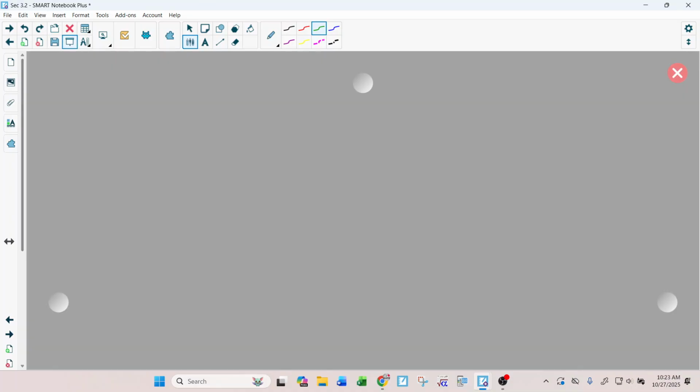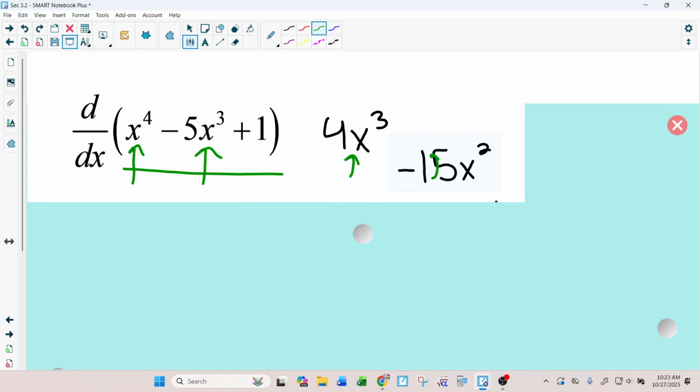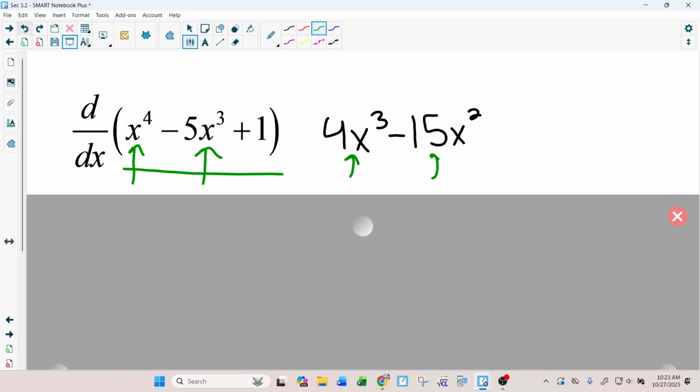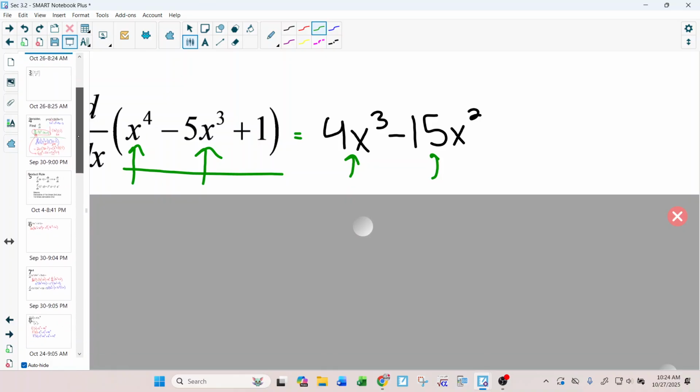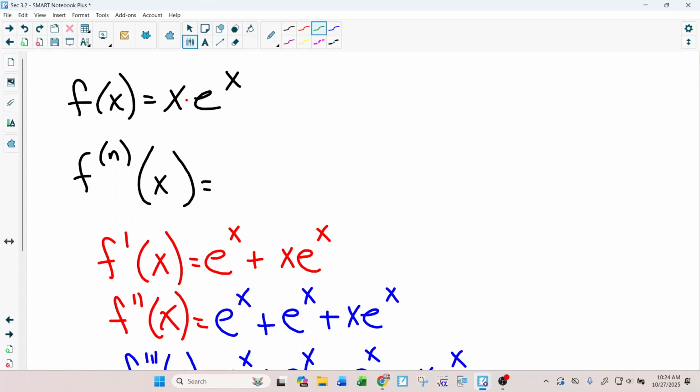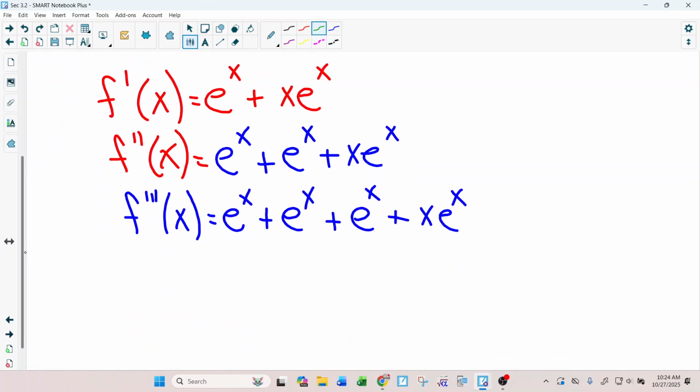When you have something like this, if we would just take the derivative over and over again, it would eventually just go to 0. You just keep subtracting exponents. But when you have e to the x, this is just going to get more and more complicated.